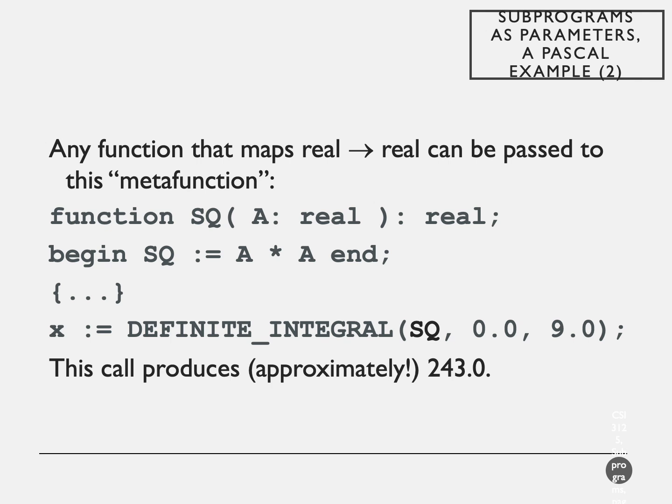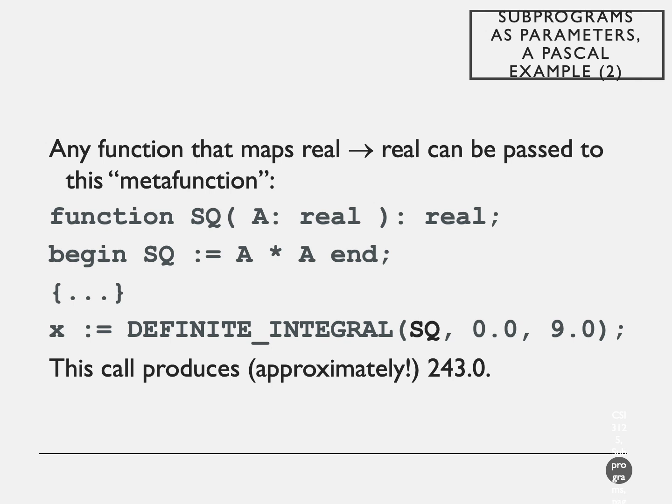Okay, now let's explore another practical application of the concepts we have discussed, specifically how to use subprograms as parameters by integrating a simple function over an interval. This example uses a function for squaring a number and passes it to our definite integral function.